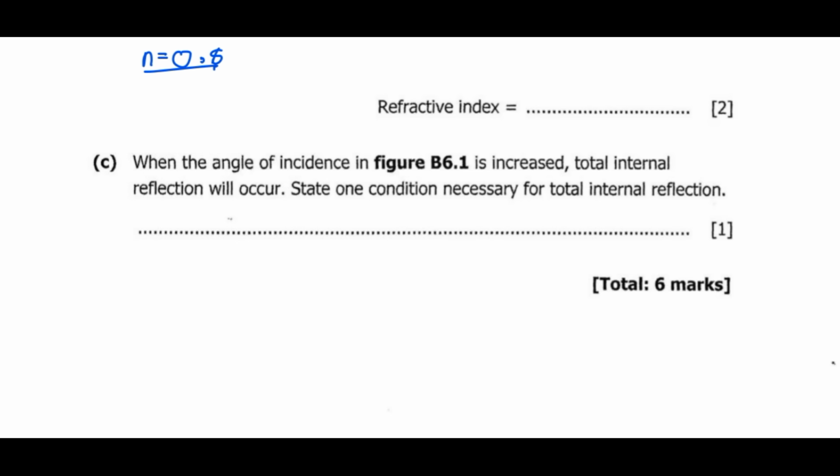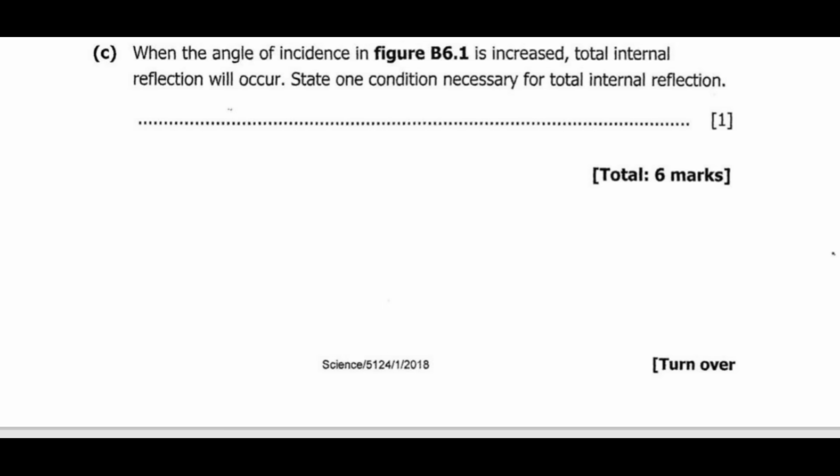When the angle of incidence in figure B6.1 is increased, total internal reflection will occur. State one condition necessary for total internal reflection. So let's see if we can analyze this phenomenon here. Say the type of arrangement that we have is this one. So this is our incident ray.